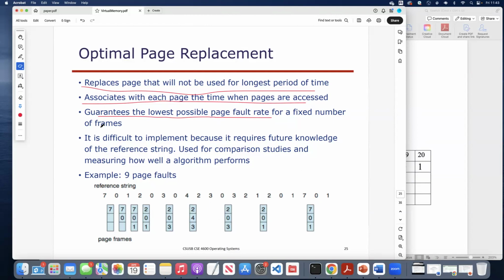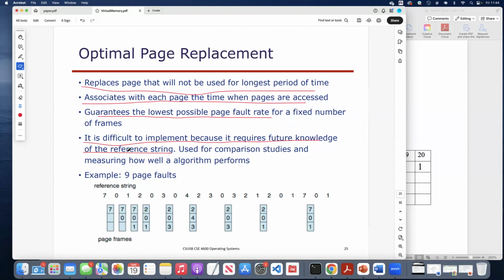But the disadvantage is it is difficult to implement this optimal page replacement in operating system because this algorithm requires the future knowledge of the reference strings. This future knowledge of reference string is unknown before this process completes running on the CPU.